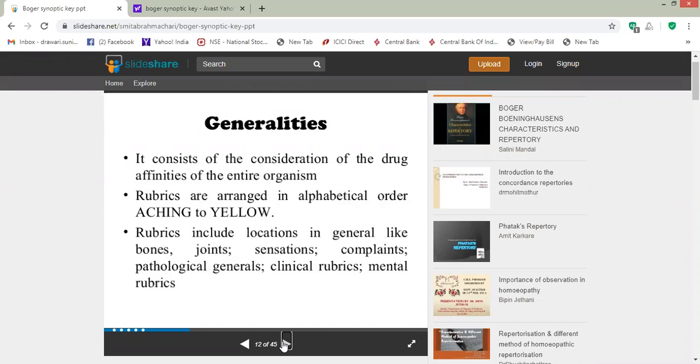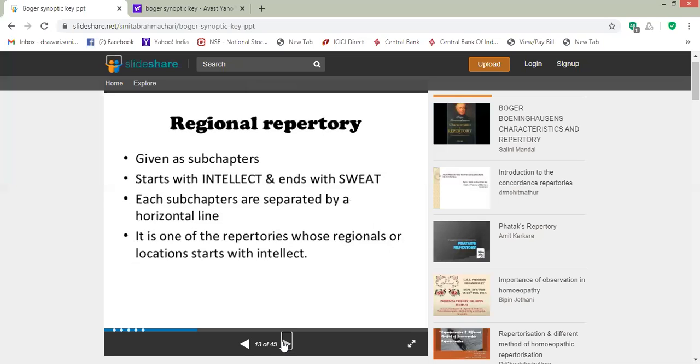Then rubrics include locations in general like bones, joints, sensations, complaints, pathological generals, clinical rubrics, mental rubrics, etc. In this way, the generalities chapter is also arranged alphabetically from A to Y, and these general rubrics are arranged one after another alphabetically.